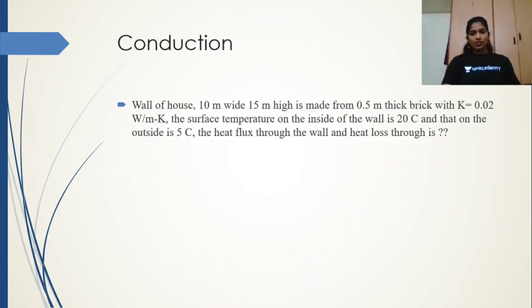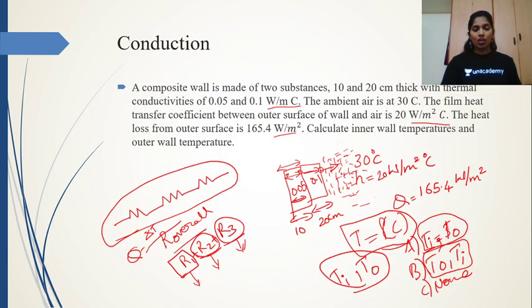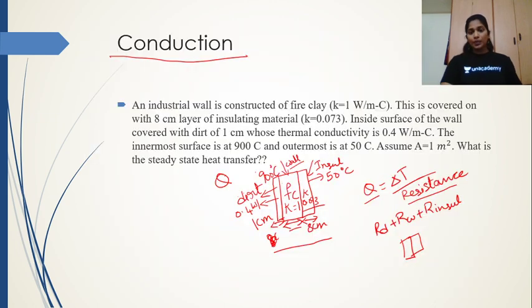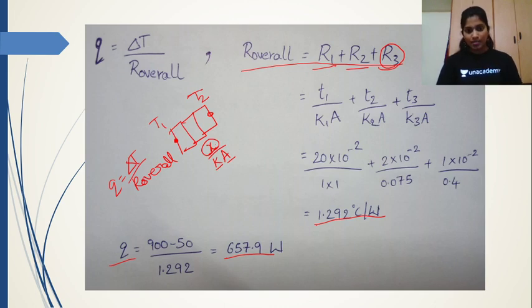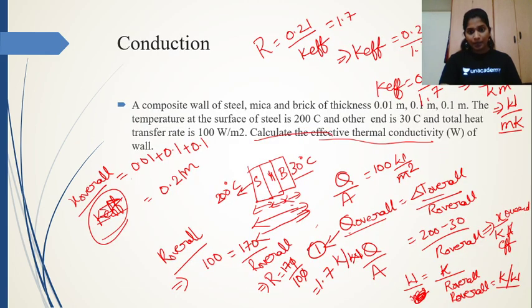Okay, next one. Till now, the problems we have covered are from the conduction part only, and each part is different. From the first question we calculated overall resistance, and from that overall heat transfer. From the second question, with the help of overall resistance, we calculated inner wall temperature and outer wall temperature. This is the second type of model. The third model is again composite wall slabs, where we calculate the overall resistance and from that the effective thermal conductivity.